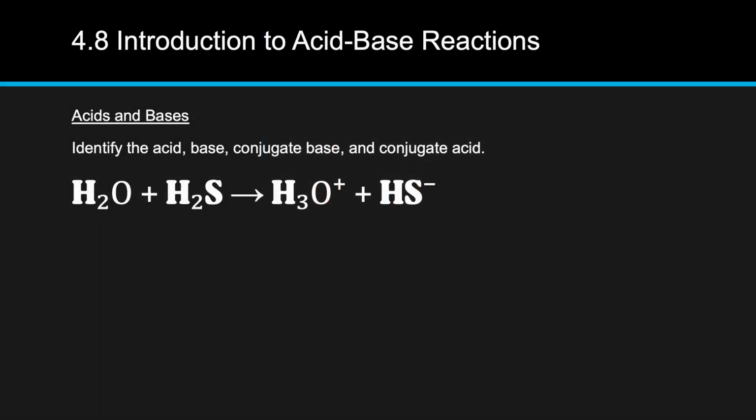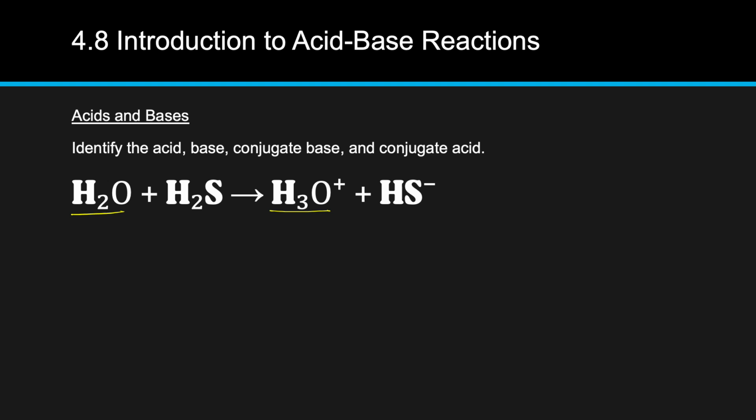So let's do a little example with identifying our acid, our base, our conjugate base, and our conjugate acid. So remember, I like to do this finding my conjugate acid-base pairs, and those only differ by 1 proton. So if I'm looking here, I have water, it turns into hydronium. I know it went from 2 hydrogens to 3 hydrogens.